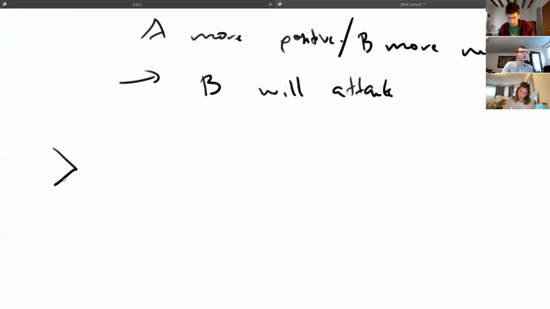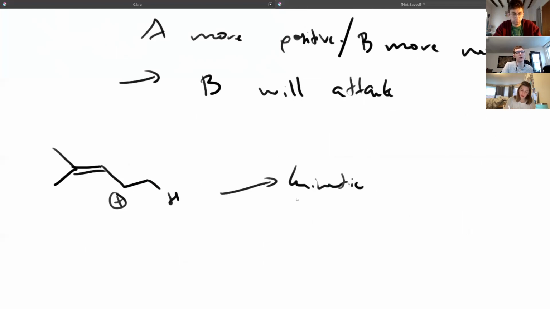And so in that case, we'll get something like this because carbon B would attack. And then we do kinetic and thermodynamic the same way that we did earlier.